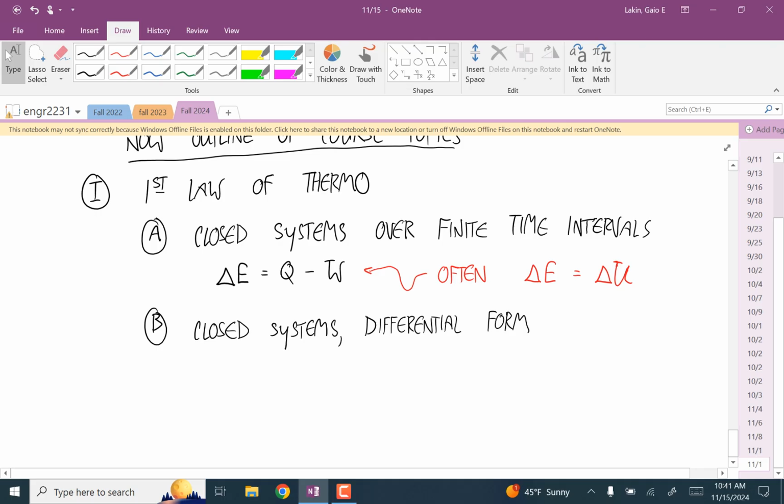And so I'm going to break this up into two pieces. So the first one is the first law itself, differential form, that says dE/dt is equal to Q dot minus W dot.